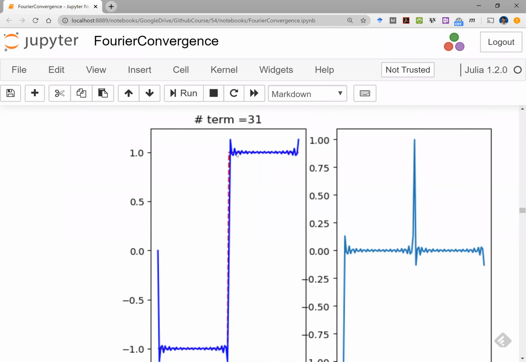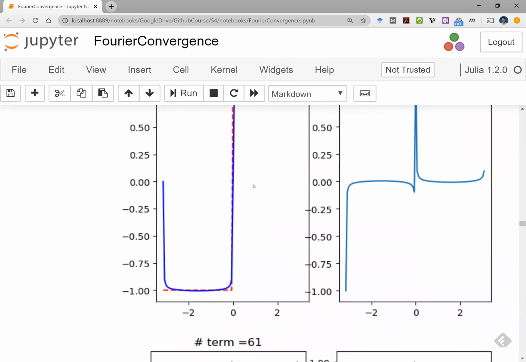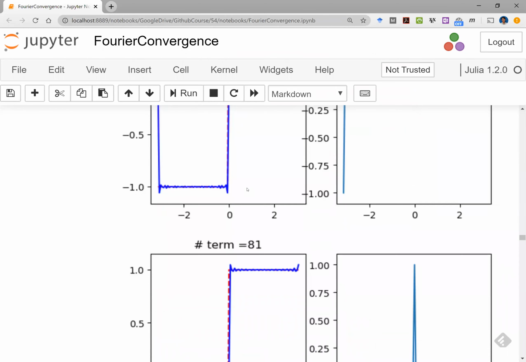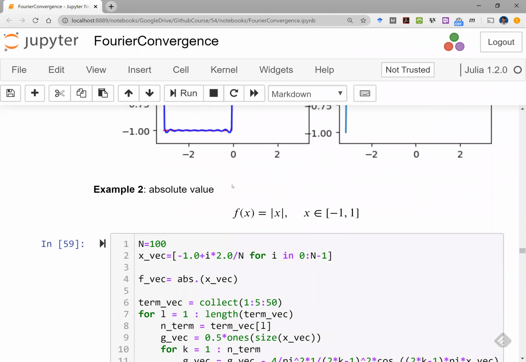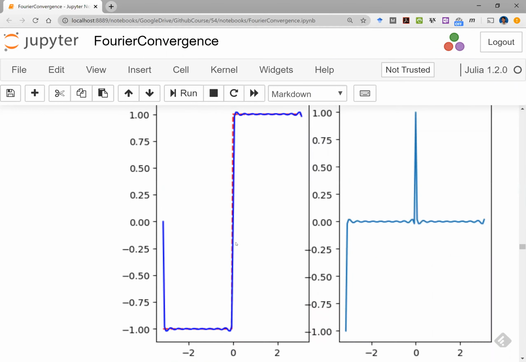This overshoot would persist even if you use a higher and higher number of terms, and the accuracy here becomes better and better, but still you have a little bit here, and so on and so forth. So even with let's say 190 terms, here it's almost perfect, but you still are going to have a little bit of error here. So this is how it works for a step function.